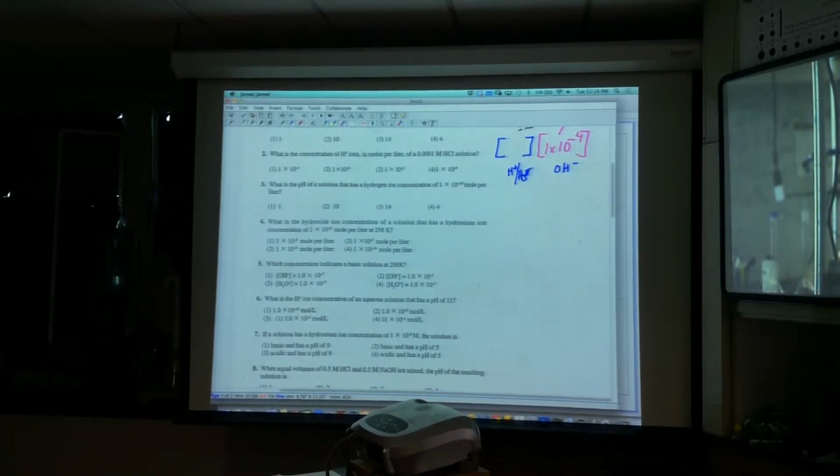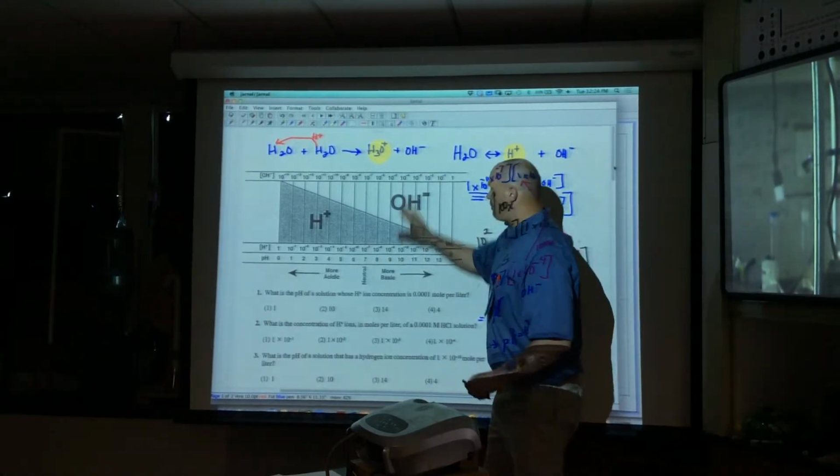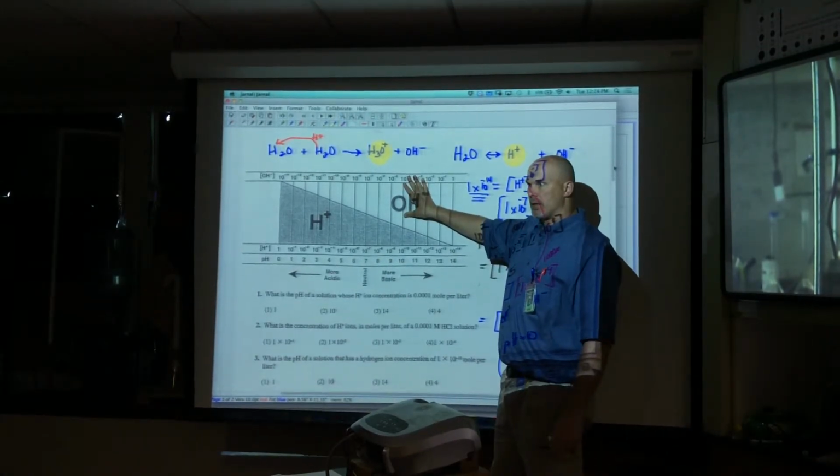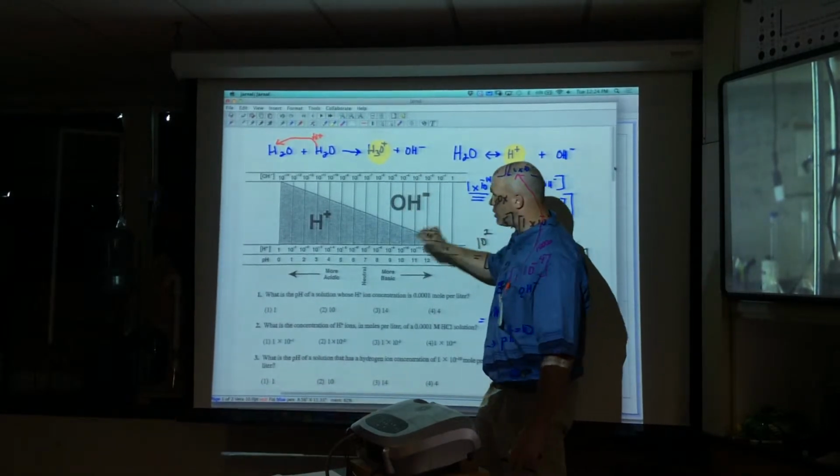Yeah, 4 plus what is 14? Right, negative 10. What's my pH? pH is 10. Which means what? When it's above 7, I've got more hydroxide. So that's what you have to know. Bases somehow increase this concentration. Acids.